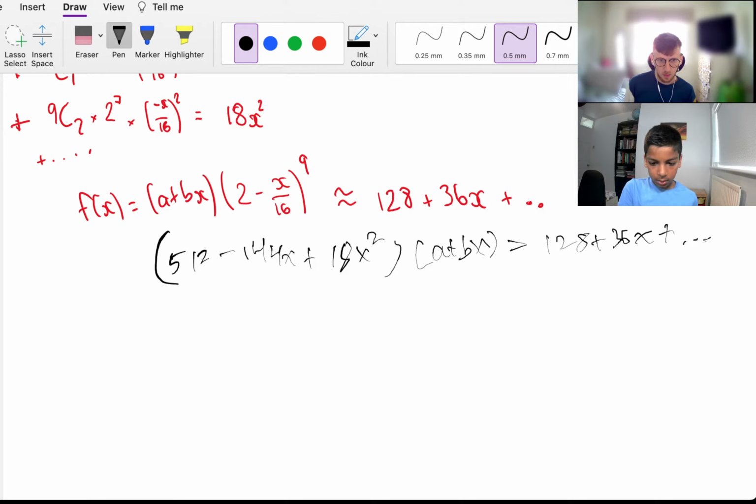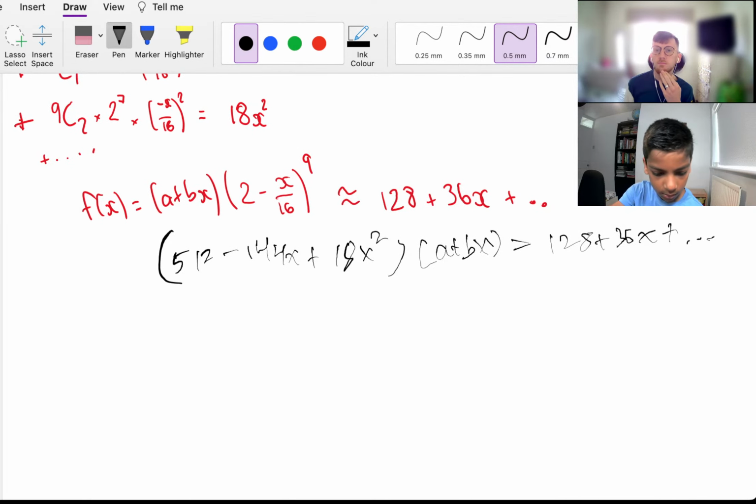So all we need to do is focus on these two terms. All we need to calculate is just that times a plus bx.